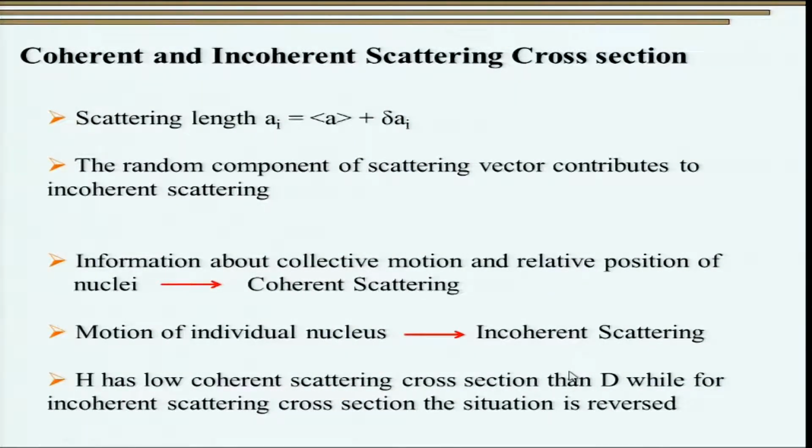To just give you an example, you have cross sections associated with both coherent as well as incoherent scattering. A classical example is that of hydrogen, which has a very low coherent scattering cross section, and therefore cannot be detected using normal neutron coherent scattering experiments.